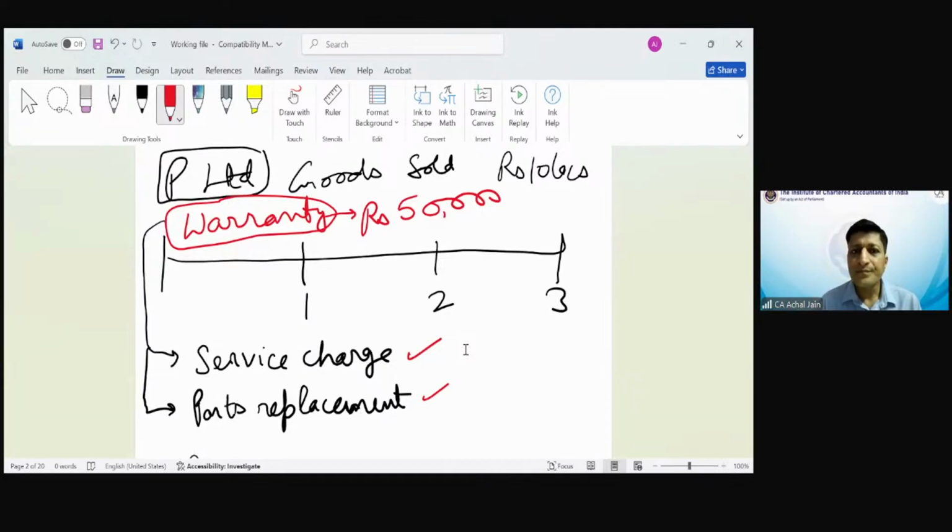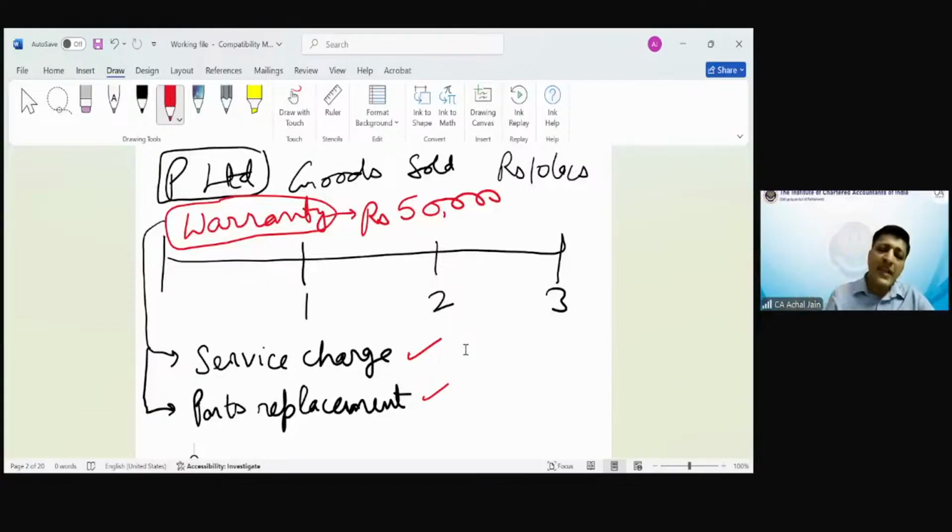Is there any specific percentage for each company, like in the standard, any specified percentage? What does the standard say regarding how you will estimate that amount?